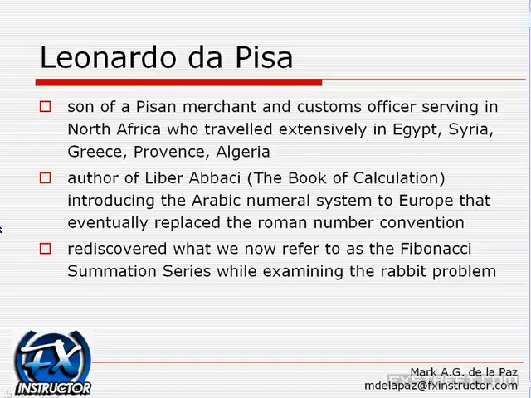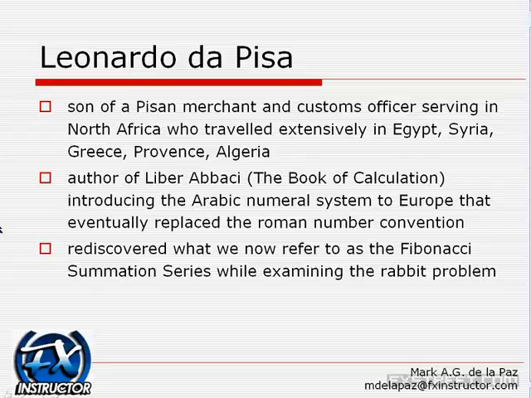He learned how to use 1, 2, 3, 4, 5 instead of your I's, your V's, and your X's and C's to come up with numbers. Because of this guy, our life is easy. Imagine doing calculus using the Roman number convention. So we owe Leonardo da Pisa first for introducing the Arabic numeral system to Europe.